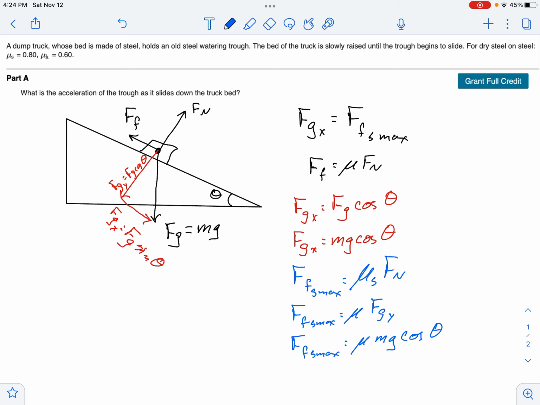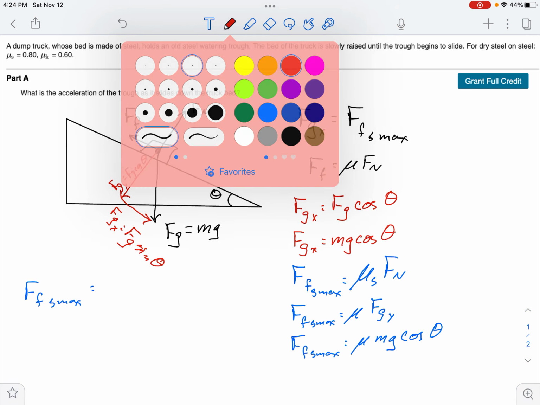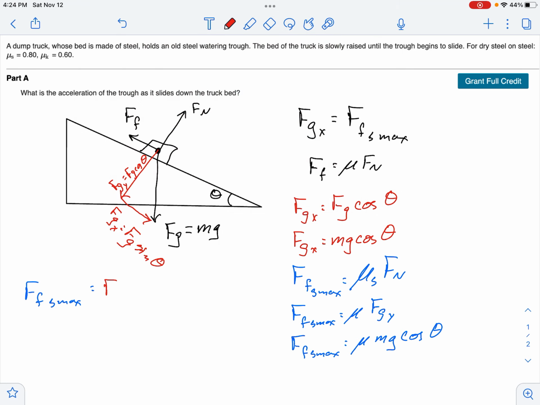I'm going to take those two and set them equal to each other: force of friction static max being equal to our Fgx.